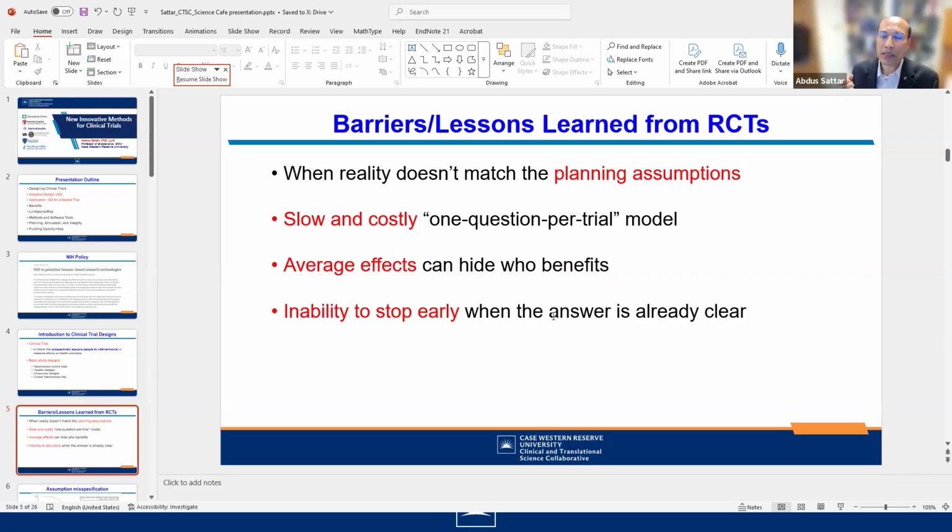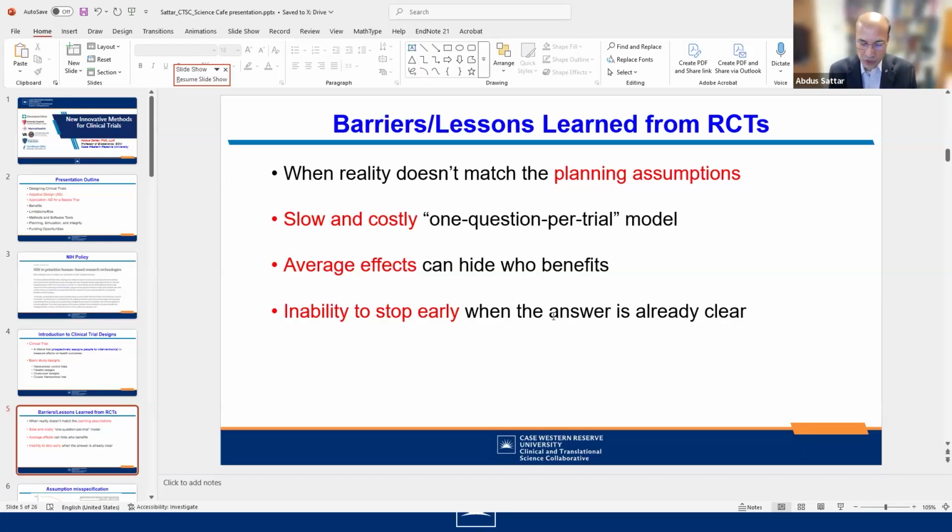So these are the things in reality that we face in RCTs or basic clinical trial designs. And the standard design could be slow and costly. One question per trial means, for example, in our semaglutide study, we looked at the effect of just one drug, one treatment, on reducing the body fat in the HIV patient population.